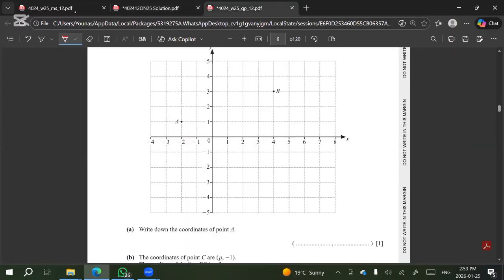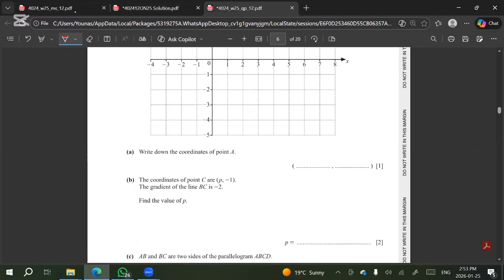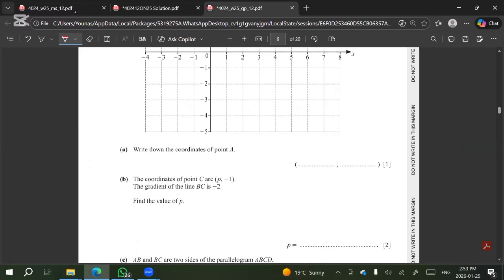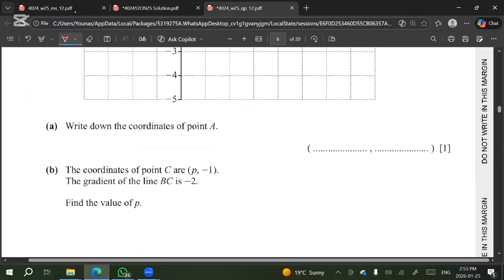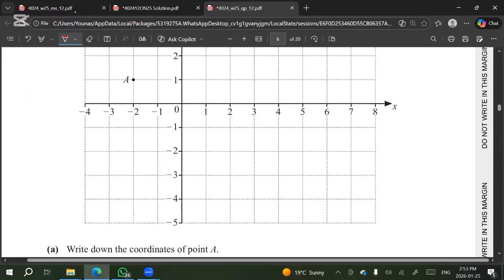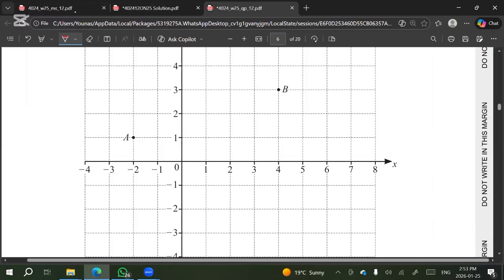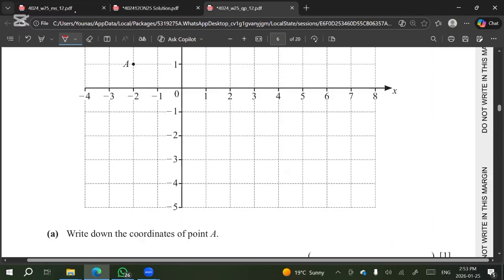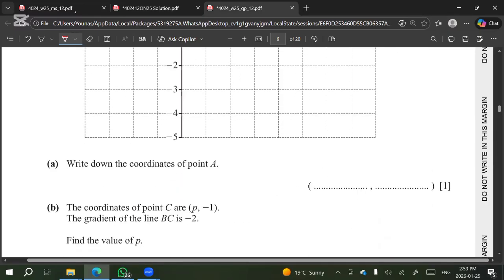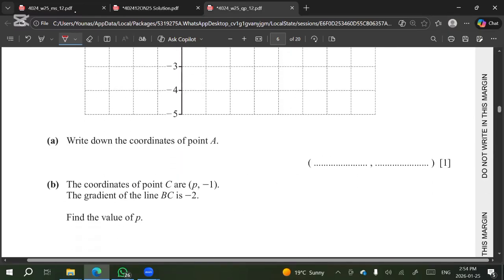Okay. So then the question is the coordinates of the point C are P comma minus 1, and the gradient of the line BC is minus 2. Find the value of the P. So we know the coordinates of the point B, and let me show you. The coordinates of the point B are 4 comma 3, and the coordinates of the point C are given, P comma minus 1.